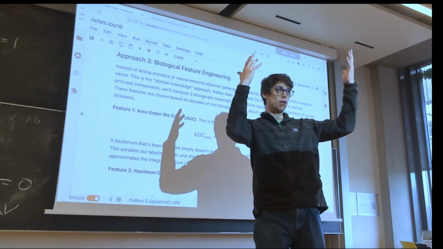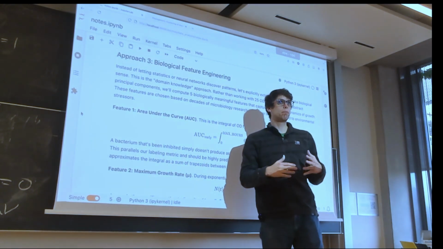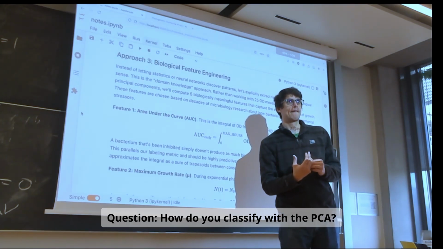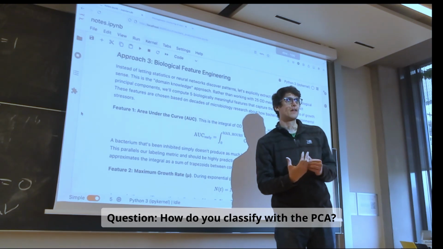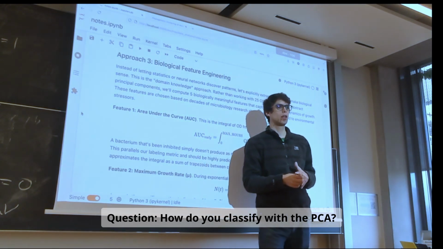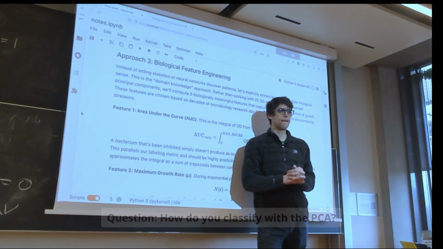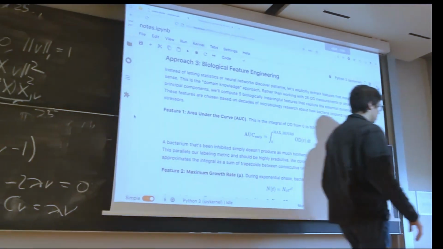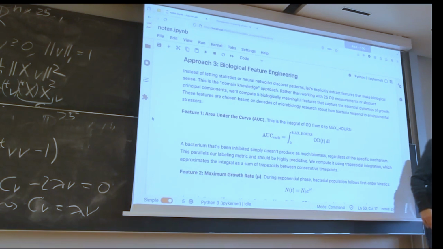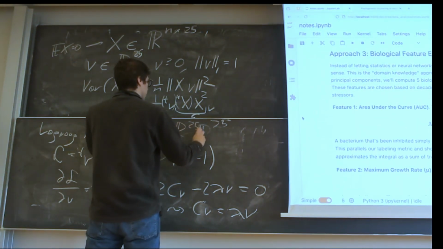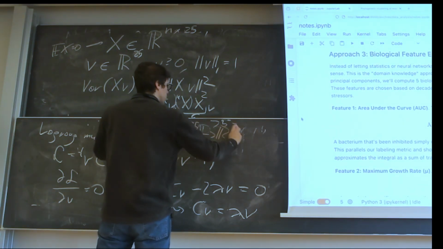A variance is for the whole data set, right? But you're saying, okay, yeah. You're extracting the 25-dimensional thing, you're mapping that onto, let's say, 3 dimensions.